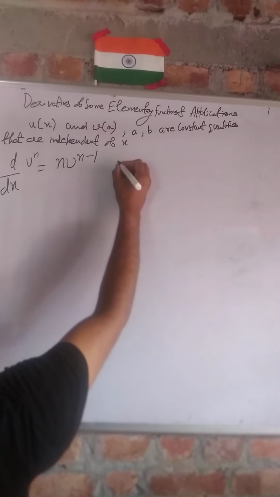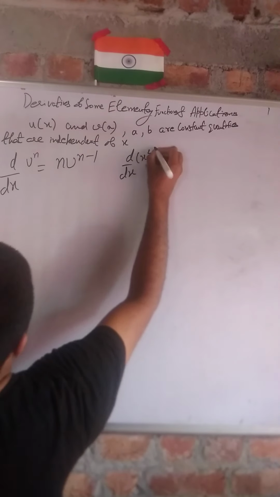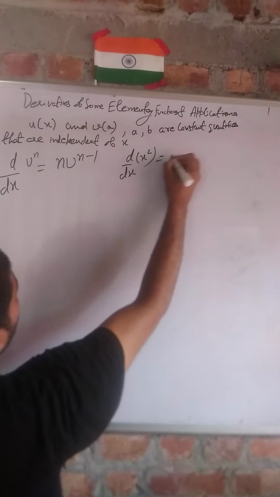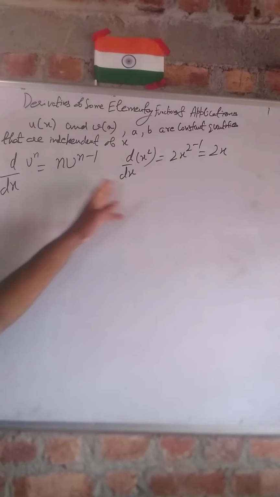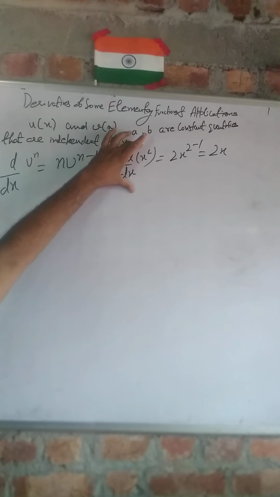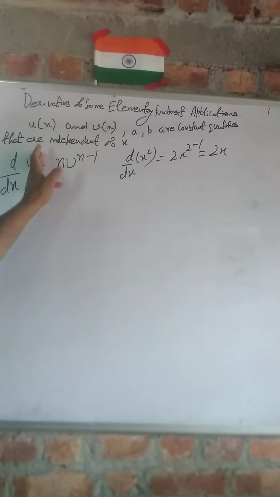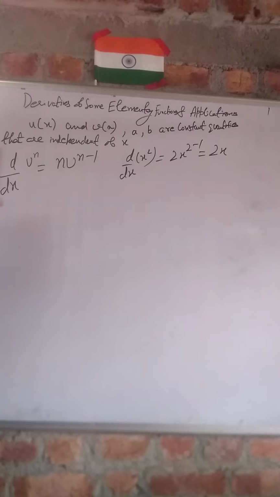Suppose I have the function x square. According to this formula, the derivative of this function will be 2x^(2-1), that is 2x. This is a general formula, and I have applied it for a specific case, where my function is x square. In terms of u I have x, and in terms of n I have 2. So then this formula will become this.